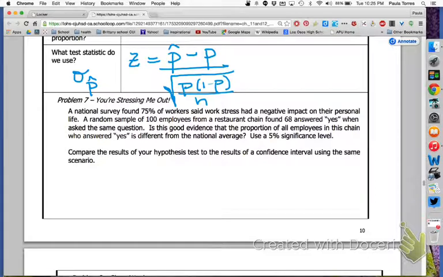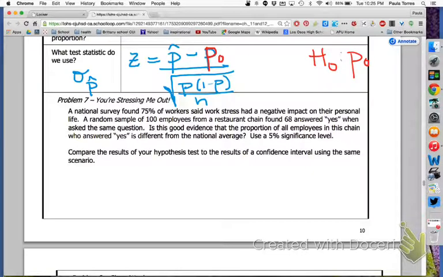And now, as if you don't have enough p's to worry about, when you're doing a test, of course, this first p is the population parameter. That's going to be the claim. I put a little not symbol on it to tell me that that came from the null hypothesis.